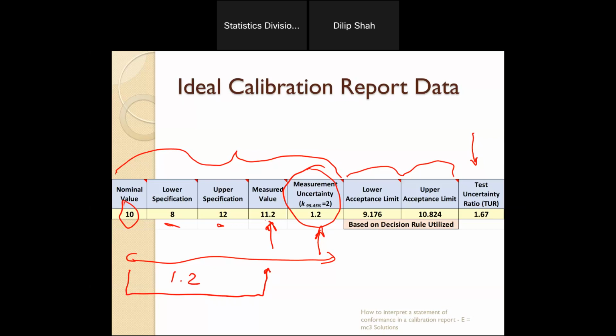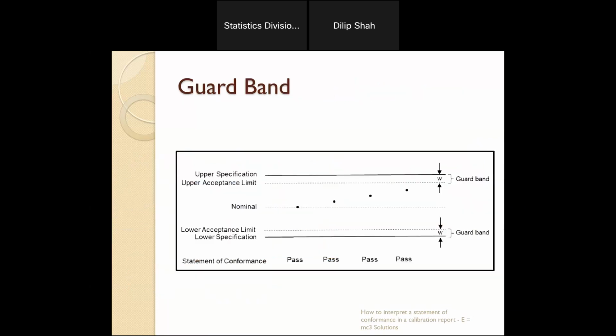So it is misleading in that way. And we have better statistical tools available to determine our acceptance limit and calculate the measurement uncertainty properly. So these are the things I've reproduced from that ILAC G8 document.